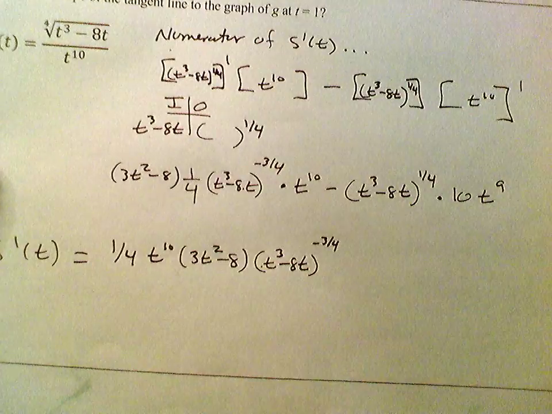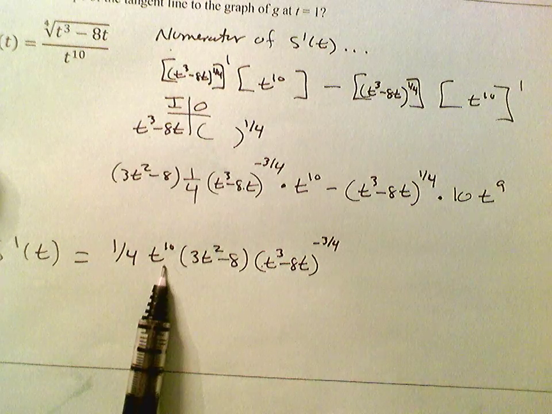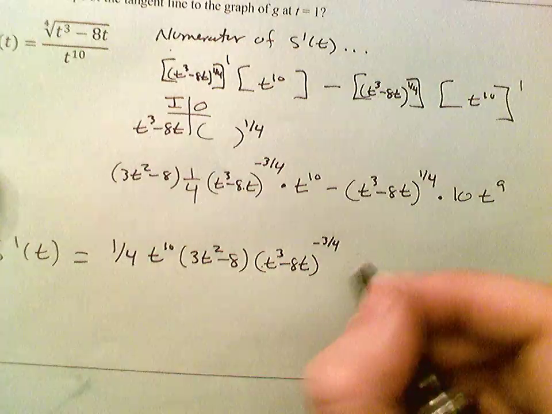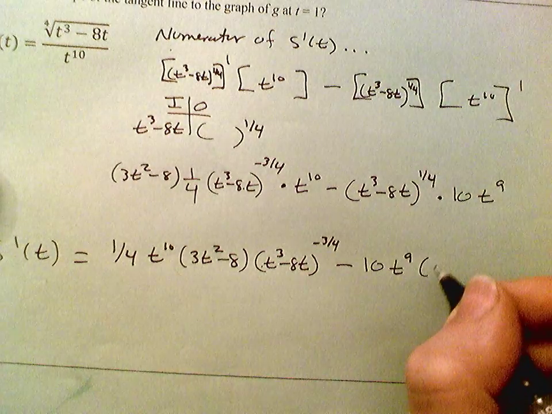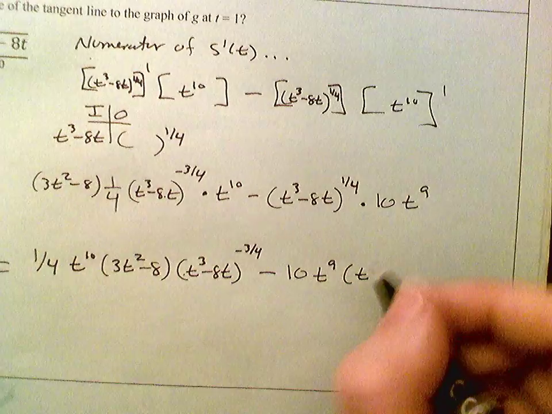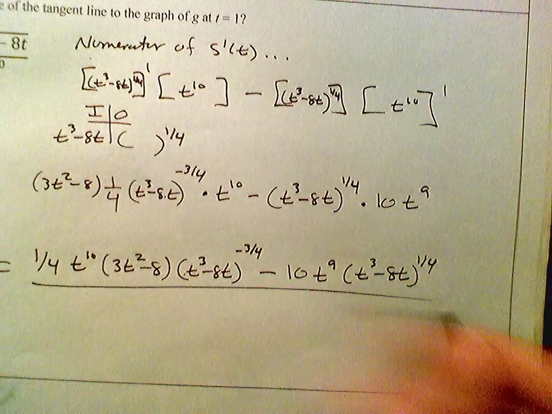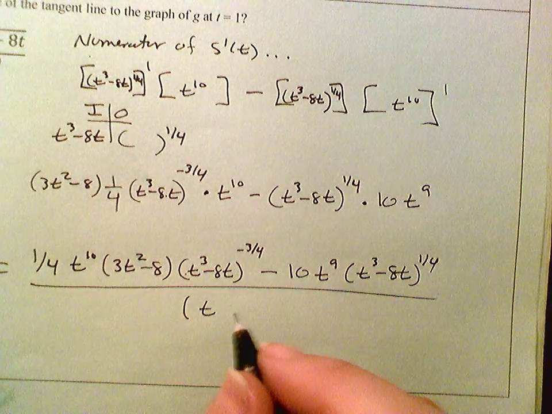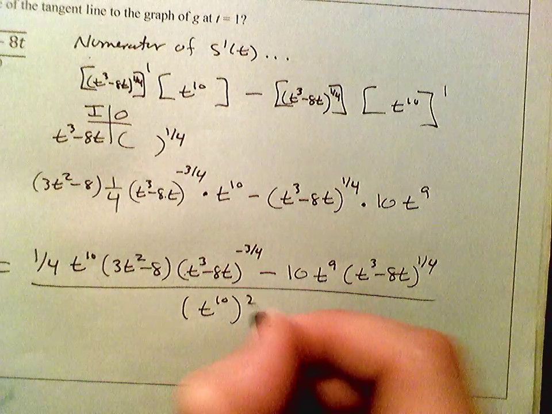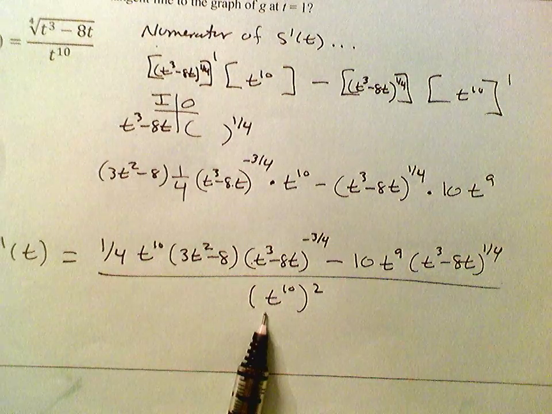So that's the first term written with the coefficient and the monomial coming first, minus coefficient, monomial, and then this thing, all over t to the 10th squared. And guys, I've really been emphasizing how much you don't have to simplify, but if you wanted to say t to the 20th, that's wonderful.